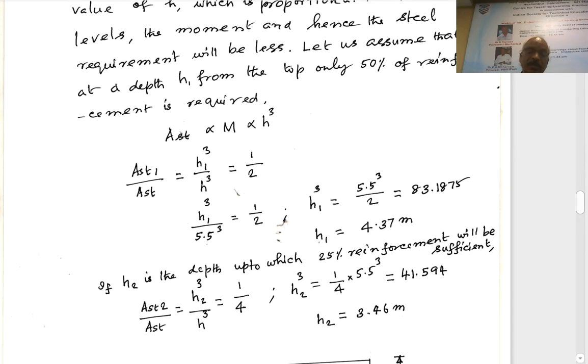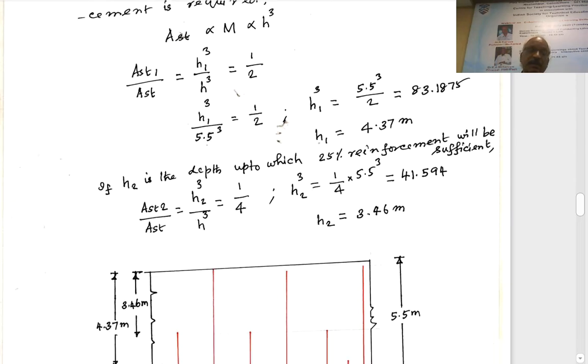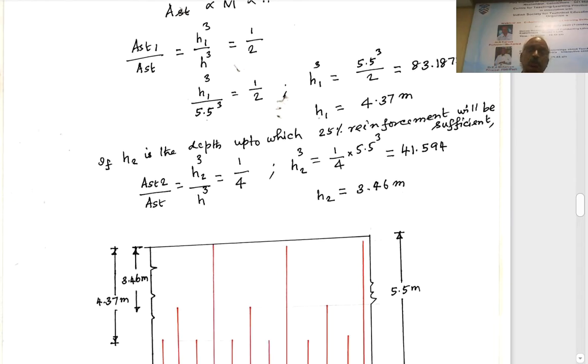Similarly, let us choose one more height, h2. h2 is the height at which 25% of the reinforcement is enough. Therefore, Ast2 by Ast equals h2 cube by h cube equals 1 by 4.